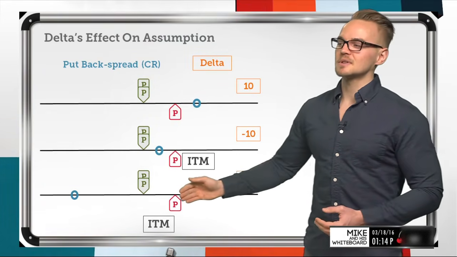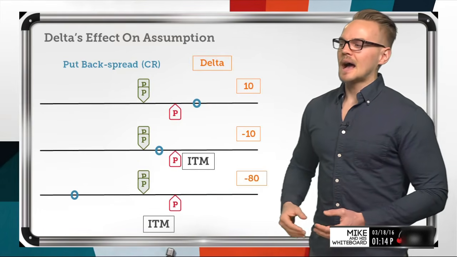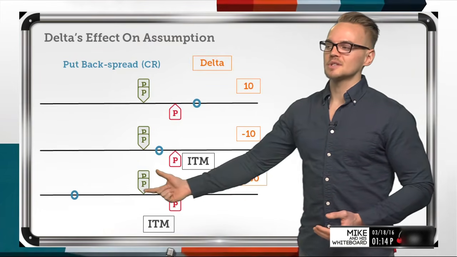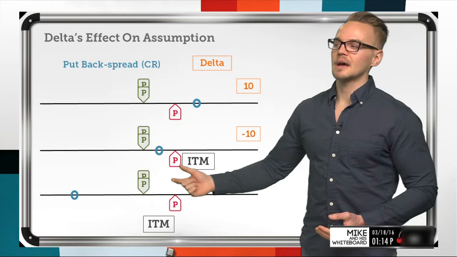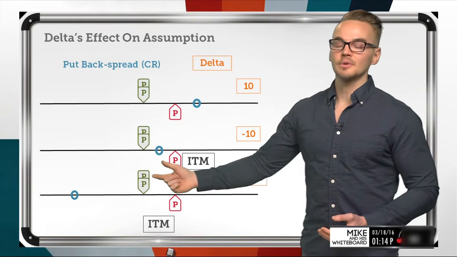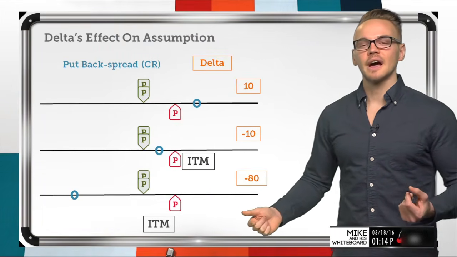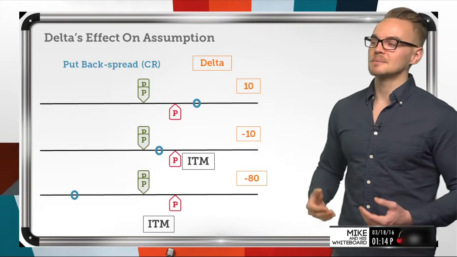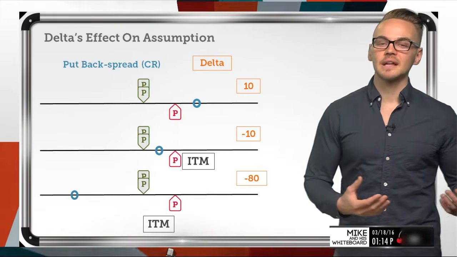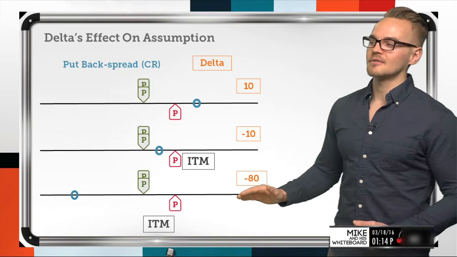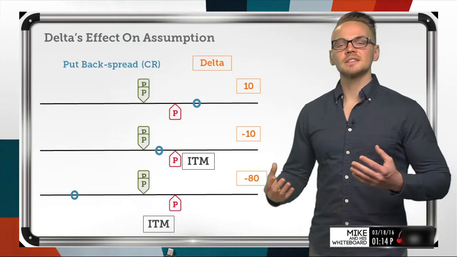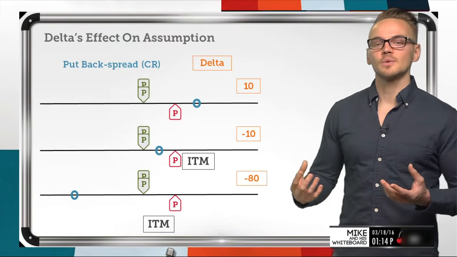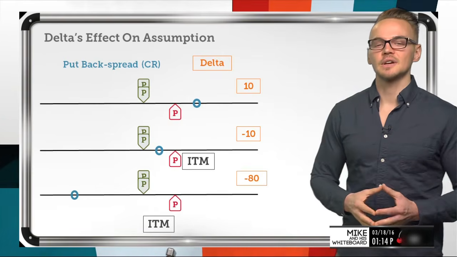So as this option moves deeper and deeper in the money, I would basically have an embedded short put spread that would be at a full loss, but I would have a long naked put that would be gaining more and more value as that stock dropped. And because of that, if I'm profiting when that stock is dropping, I'm going to have that negative delta. So this is a good way to understand how delta works and how it changes as the stock price moves.